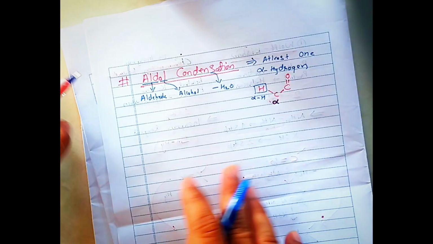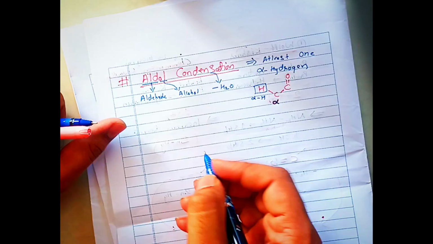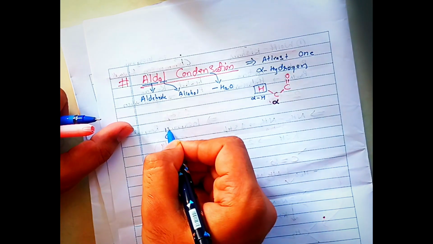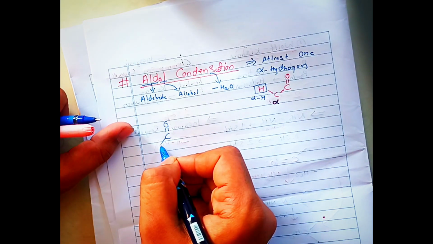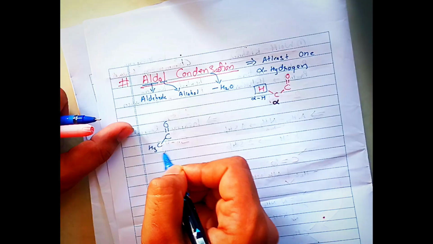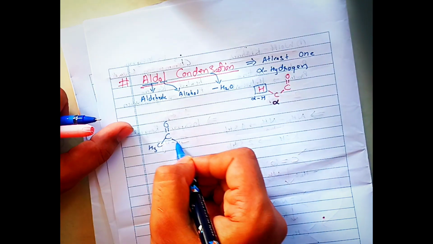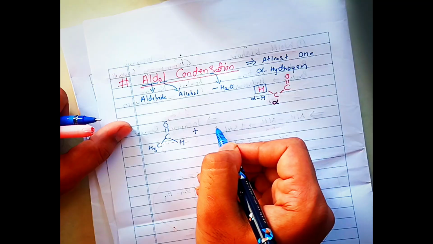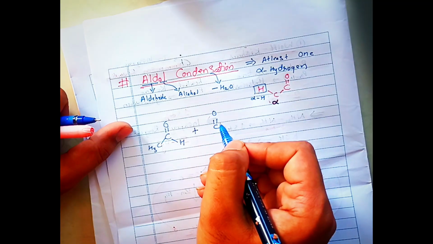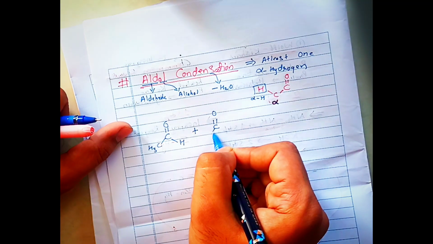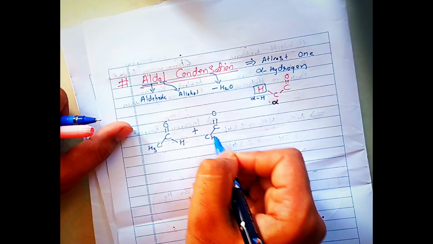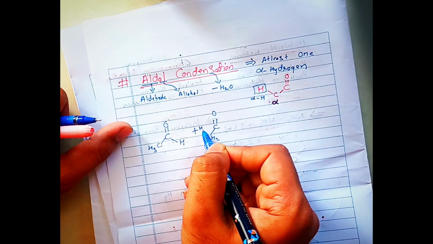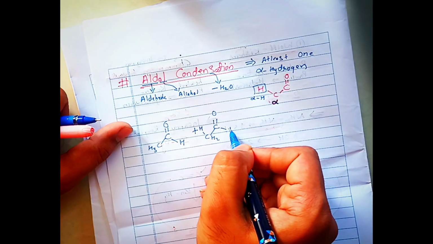So let's see the aldol condensation. Here C double bond O, CH3. So here 3 alpha hydrogens are there, and then with H plus I can add another aldehyde. Here C double bond O, CH2, then H. This is also alpha, right?